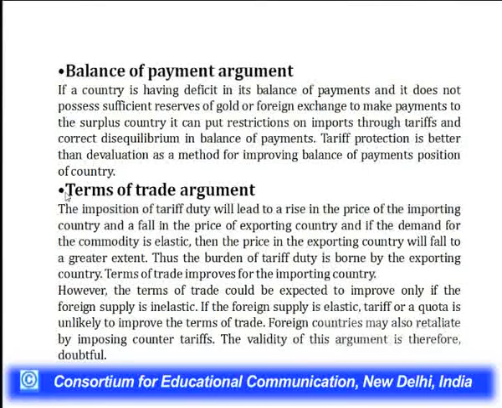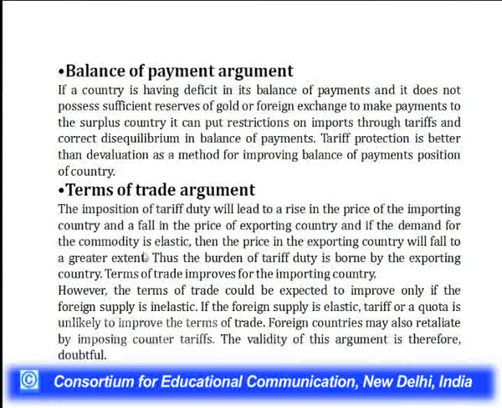Another argument is the terms of trade argument. The imposition of a tariff duty will lead to a rise in the price in the importing country and a fall in the price in the exporting country.